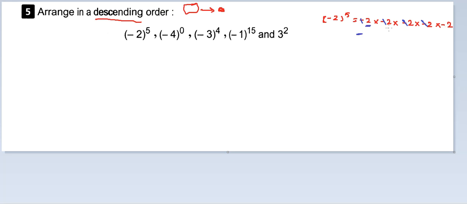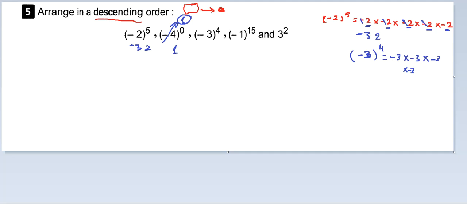2 times 2 equals 4, 4 times 2 equals 8, 8 times 2 equals 16, 16 times 2 equals 32. So the first one will be negative 32. We said before any number to power 0 equals 1, so here we have 1. Negative 3 to power 4 means negative 3 times negative 3 times negative 3 times negative 3.